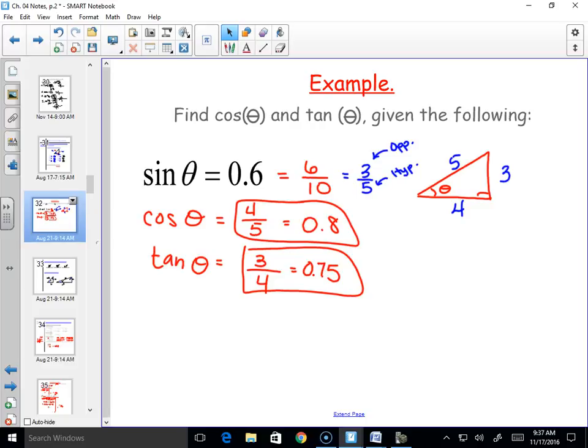Complements, supplements, reference angles, unit circles, right triangle problems. How to go from a value to a triangle to solve, or how to go from a point to a triangle to solve. You got that?